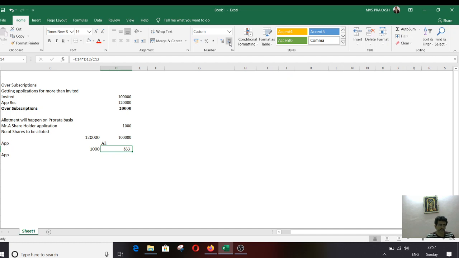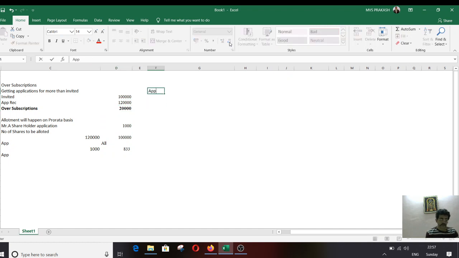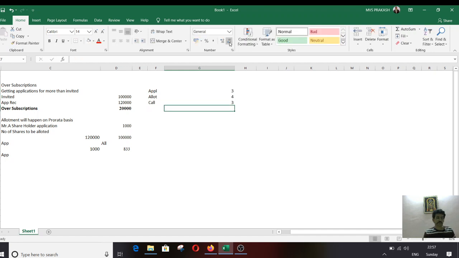Now let us modify this case. Let us consider application, allotment, and call: 3 rupees, 4 rupees, 3 rupees, with total face value being 10 rupees.